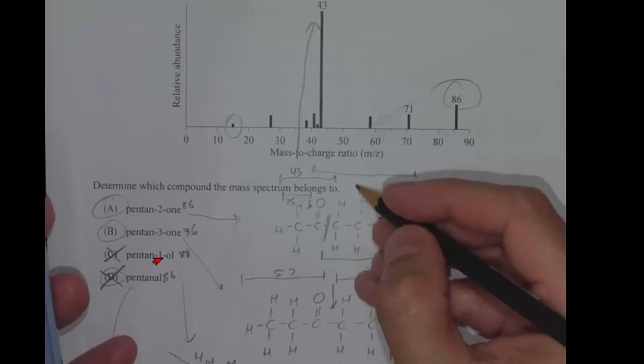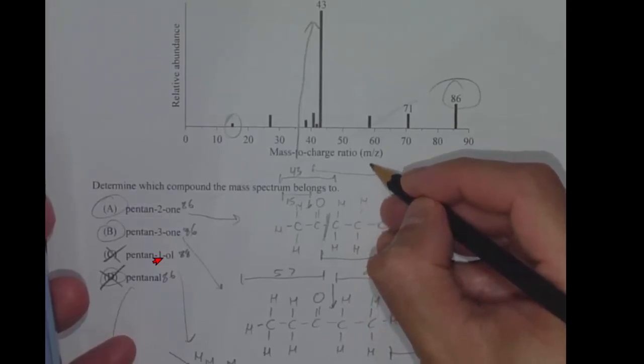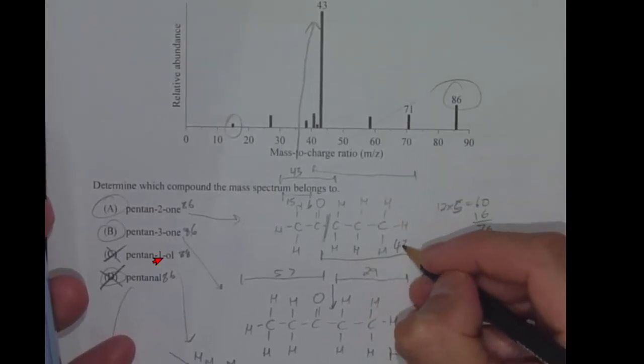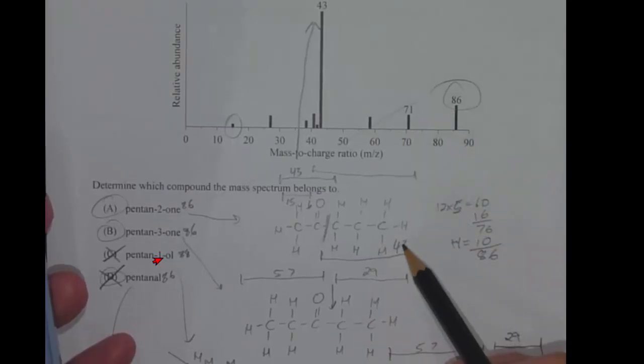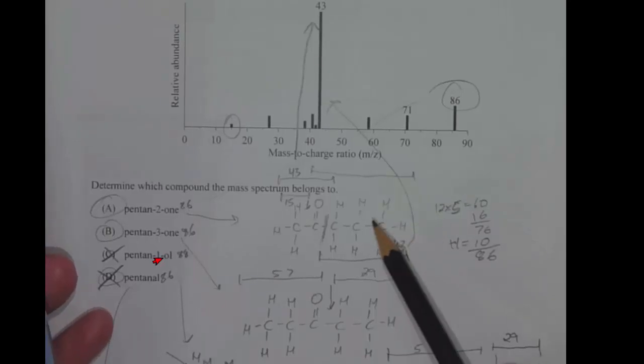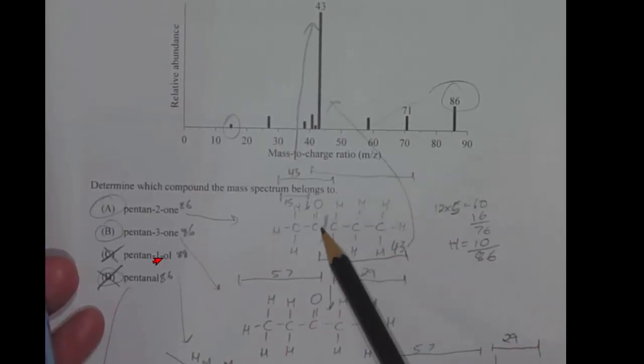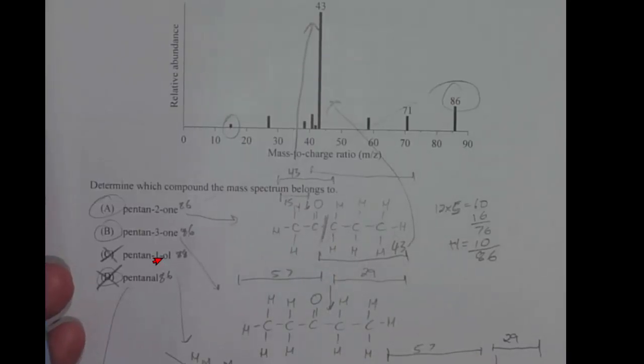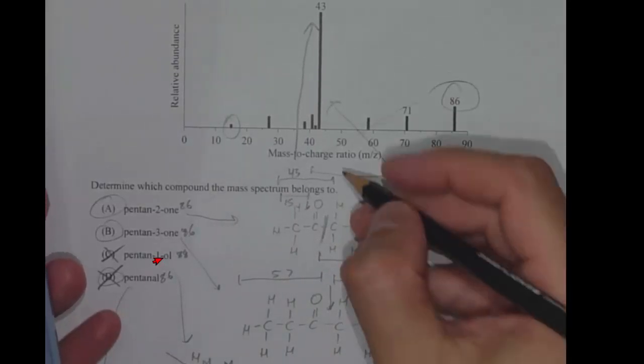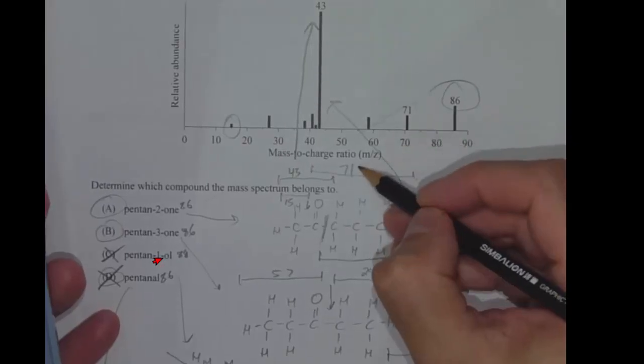Oh, and that's a 43 as well. So it'll explain why that's doubly as big, because it's half-half. And then you could add another plus 12 plus 16 and look for a 71, which is there as well.